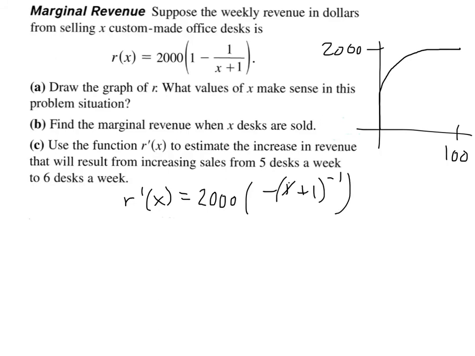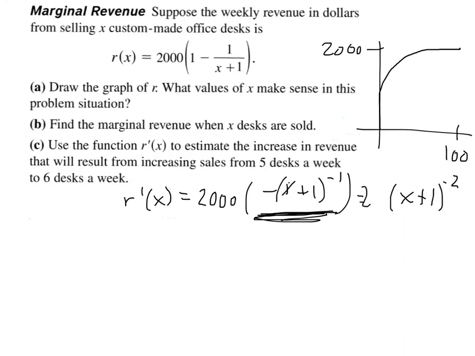So let's just focus on taking the derivative of this here. This negative would come out in front, so this equals a positive, and I'm just doing the middle. I'm going to leave that 2,000 out right now. So it would just be a positive (x plus 1), and then the power has to go down to negative 2, using the power rule.